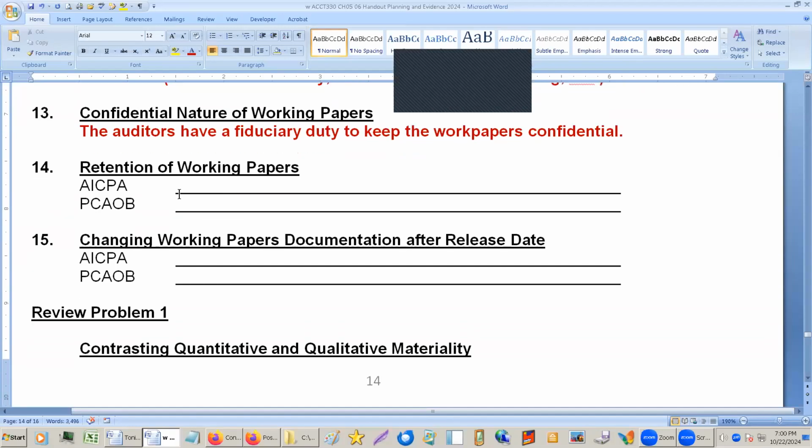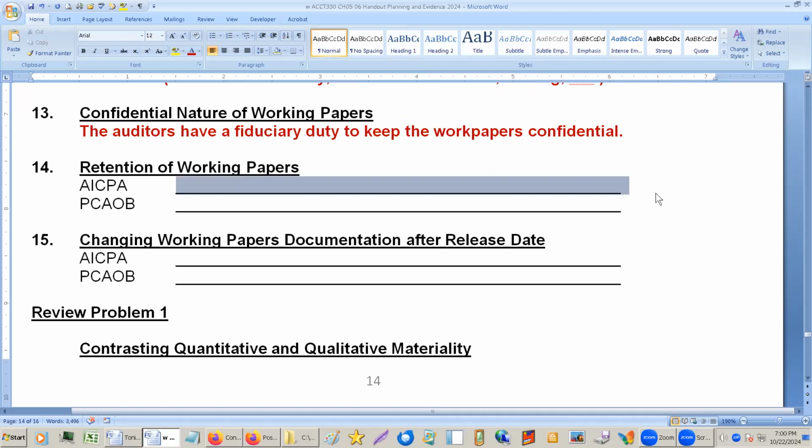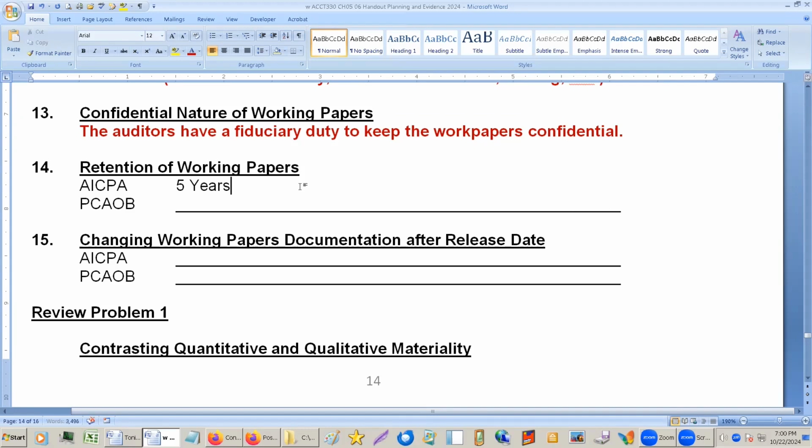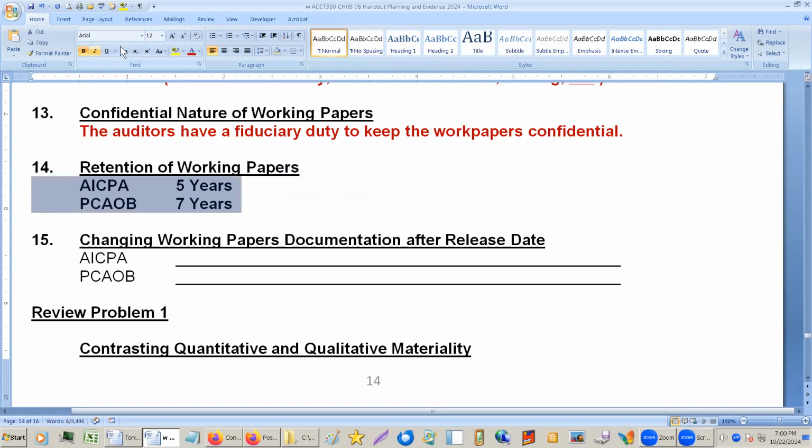Retention of work papers. AICPA, 5 years. PCAOB, 7 years. I think I did this already, didn't I? I can't remember.